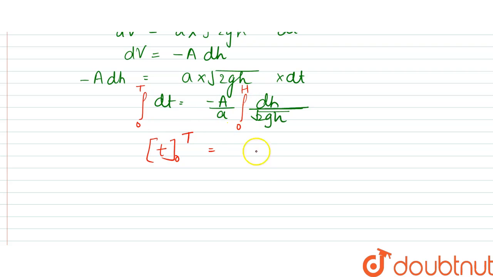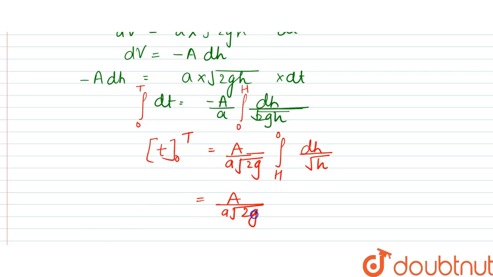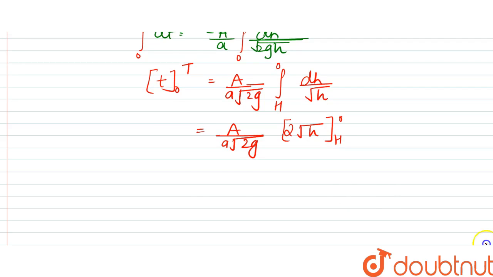Due to the negative sign, that would get inverted, and we would get A by a root over 2g, integral from h to 0 of dh by root h. So we would have A by a root 2g, into 2 root h, from h to 0.